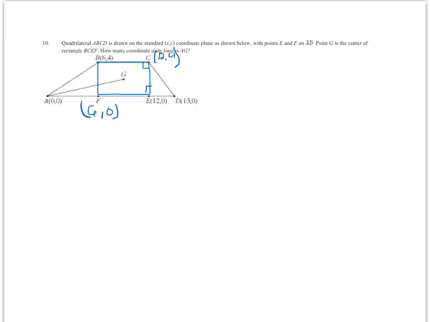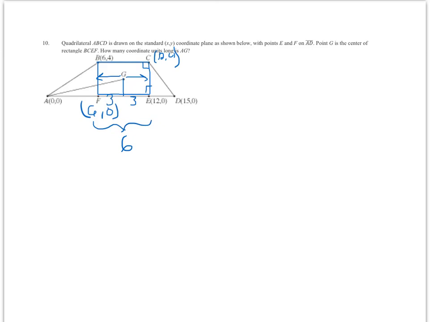We've got to find the coordinates of G first. Since G is in the center, G is the same distance to the right of this rectangle as it is to the left. The length of this rectangle is 6. Since that's 6, that makes it 3 right here, because that gets cut in half.